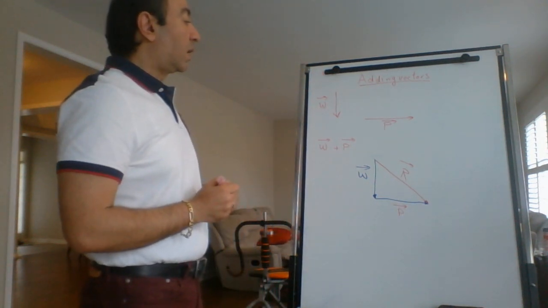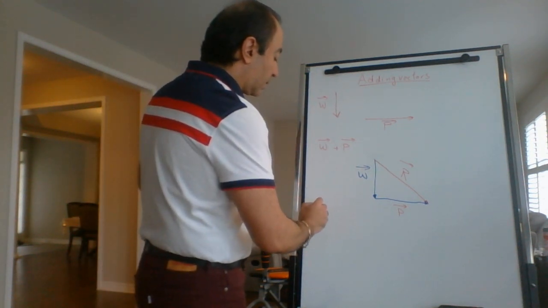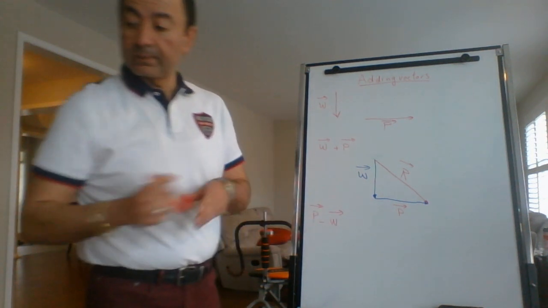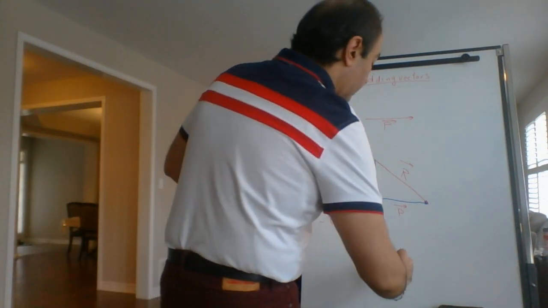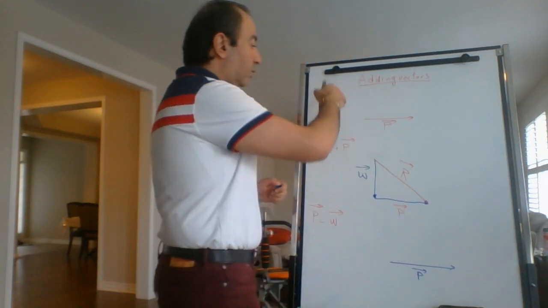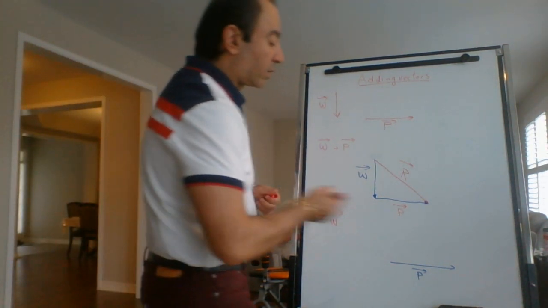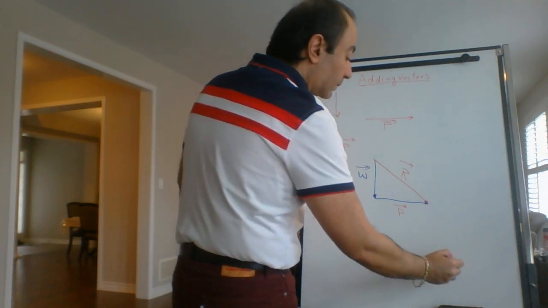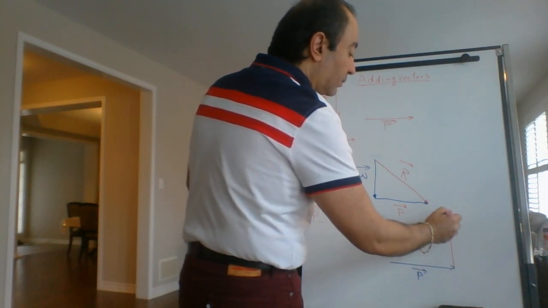Okay, what if I want to draw vector P minus vector W, for example? So in this case, I will draw vector P, parallel to vector P. Vector W is going this way, so from the head of vector P, I will draw a vector that represents negative vector W. So vector W is going this way, vector negative W is going this way.